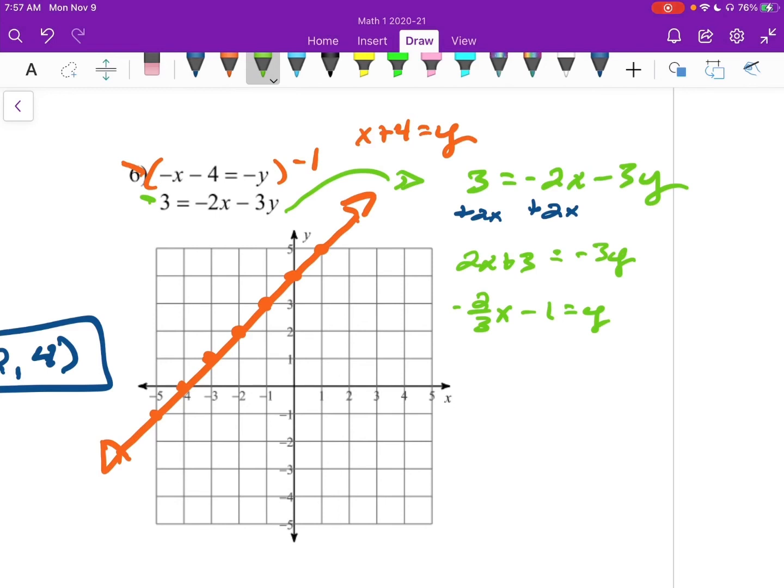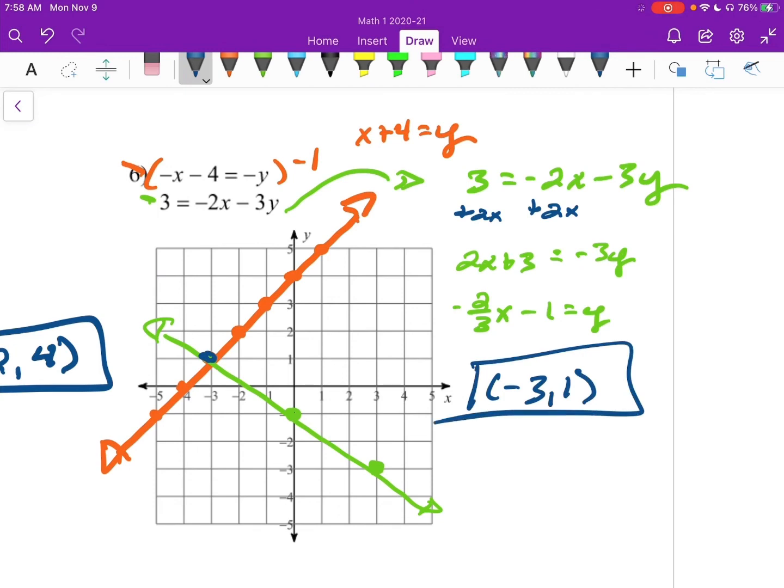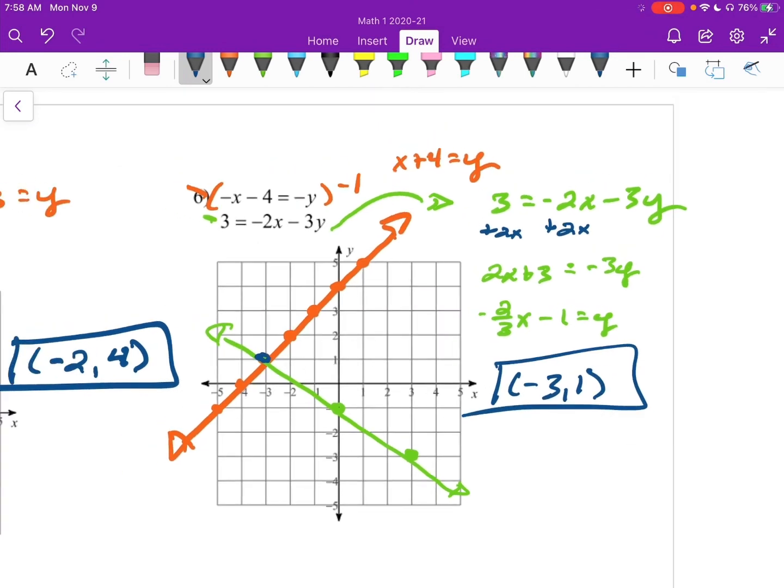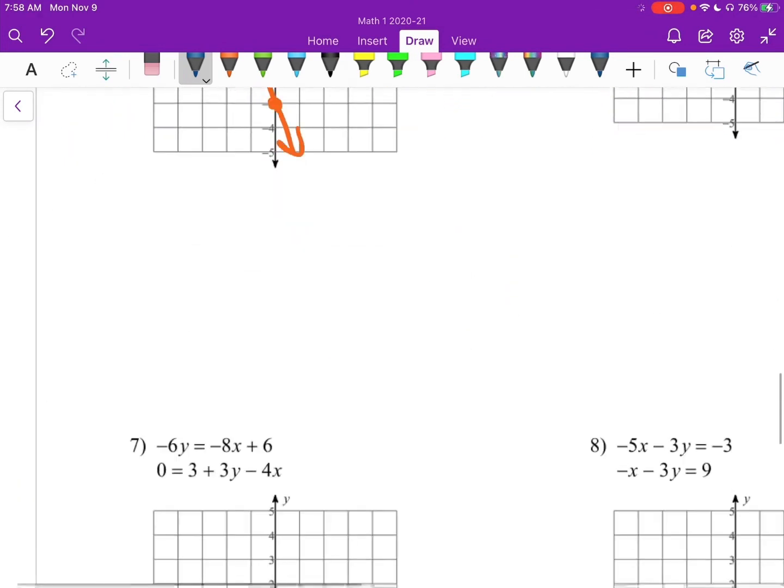My intercept is at negative 1. My slope is negative 2 over 3, so down 2 and right 3. But I'm going to also have to go up 2 and left 3. There's where they cross. It is at the point negative 3, 1. There we are.